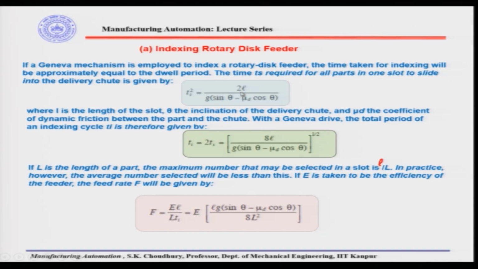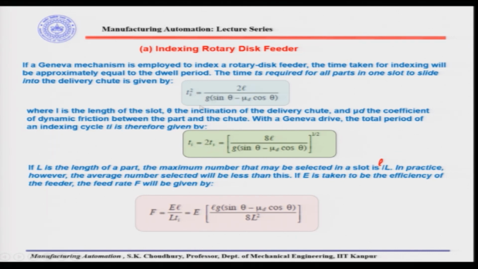This is coming from, again, if you remember, L equal to half A T square, from which we found Ts. Here also it is the same way, and we can find Ts, the time required for either indexing or dwelling, and we are assuming that this is the same.